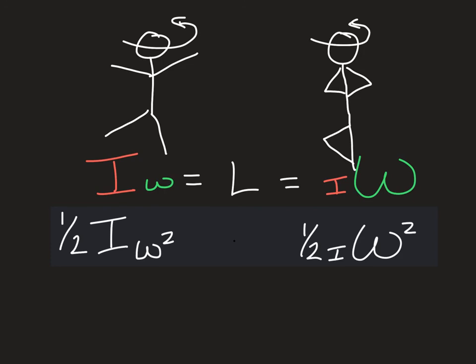Do they balance out? Are they still equal? No. Keep in mind that our angular velocity has a square factor associated with it. For that reason, having a larger angular velocity that will then be squared will result in having a greater amount of rotational kinetic energy than our left-hand positioning.